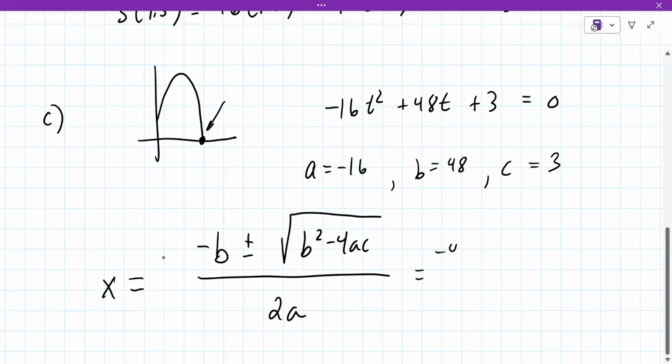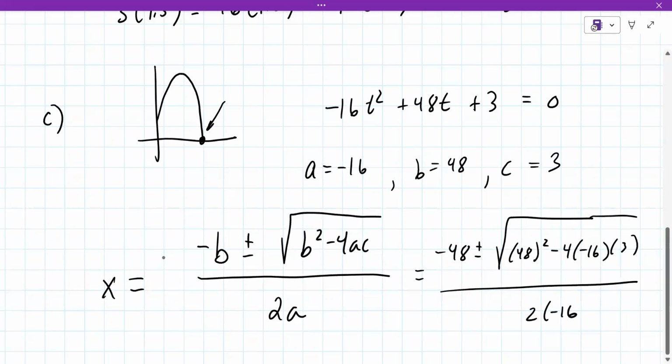So it's minus 48 plus or minus the square root of 48 squared minus 4 times minus 16 times 3 all over 2 times minus 16. This part under the root's the most important one. That's the one where most students have issues. It's just because of the size of the numbers, the fact that there's negatives and positives. We spent a lot of time talking about that. Will you try calculating that for us, please?